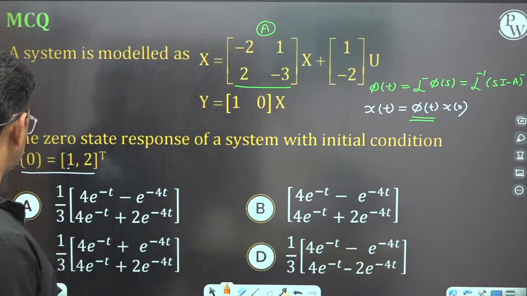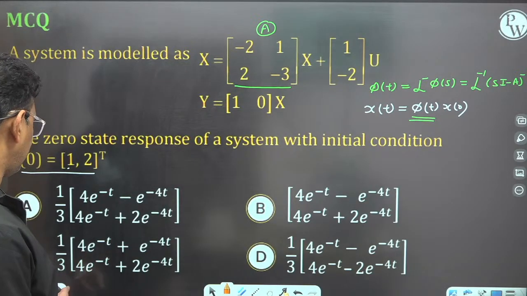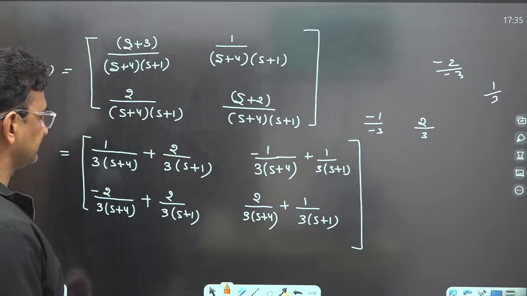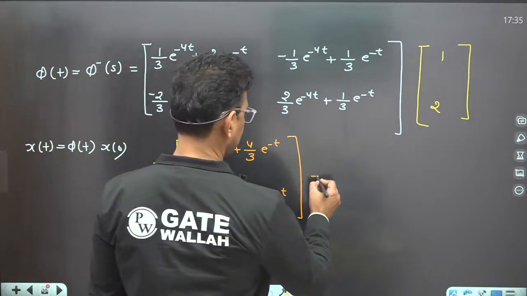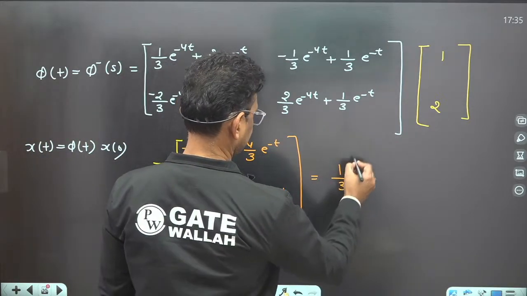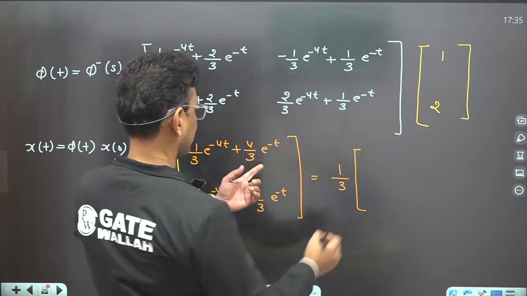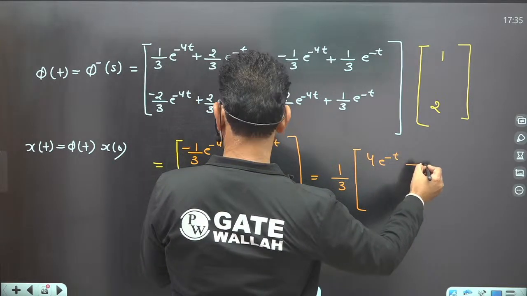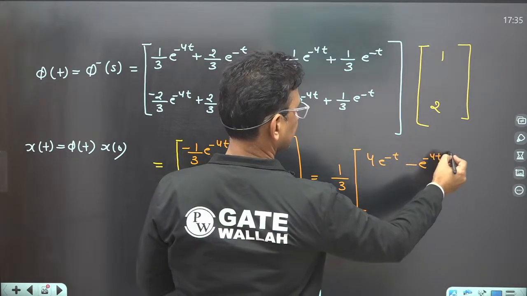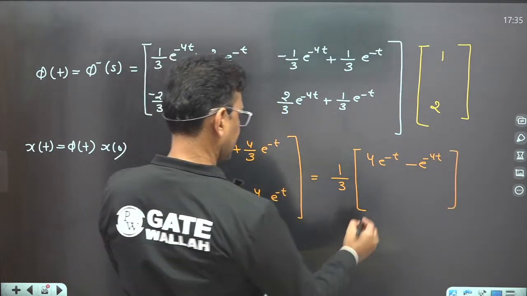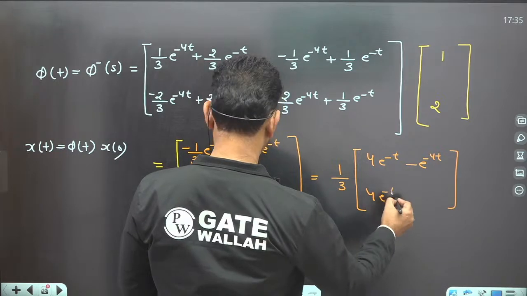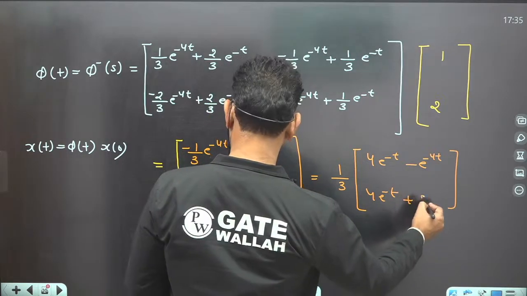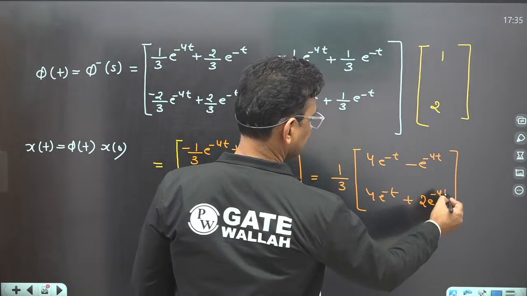So what is the answer? If I take 1 upon 3 as a common term, it becomes 4 e raised to the power minus t minus e raised to the power minus 4t, and 4 e raised to the power minus t plus 2 e raised to the power minus 4t.